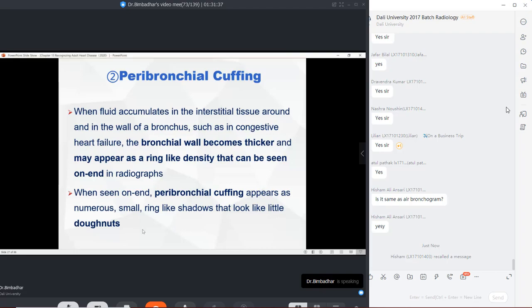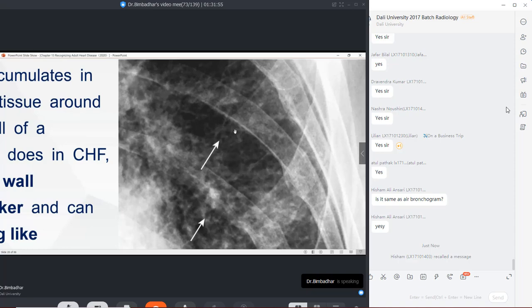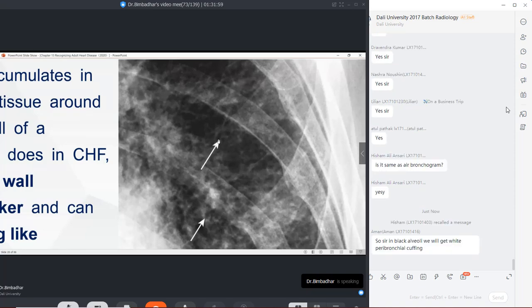It is different. So what happens is that peribronchial cuffing appears as numerous small ring-like shadows that look like donuts. I think you know what donuts are. You see here, when we look close enough, it is looking like this.